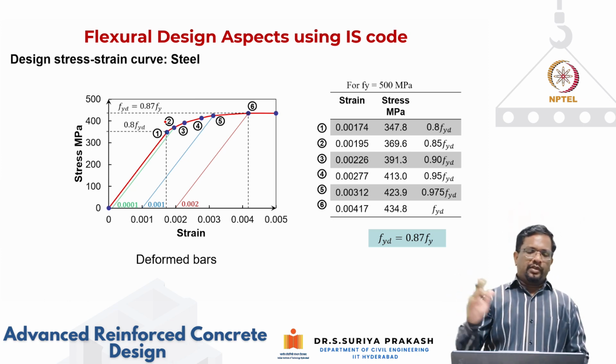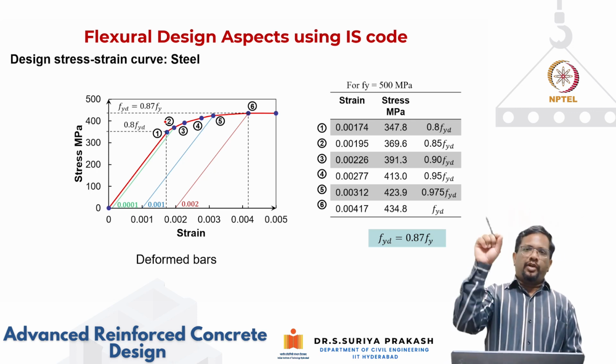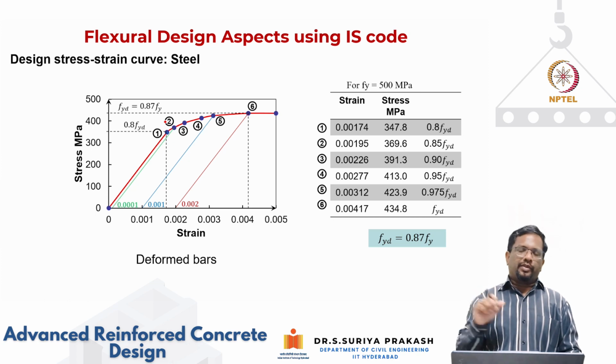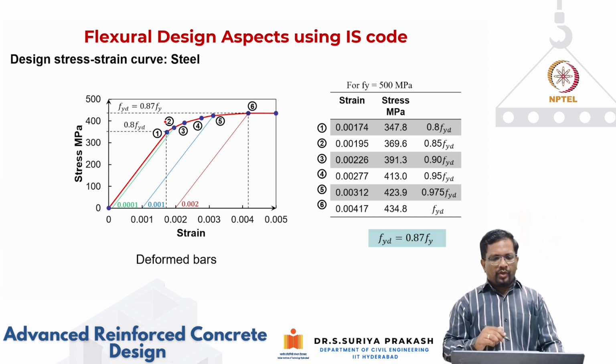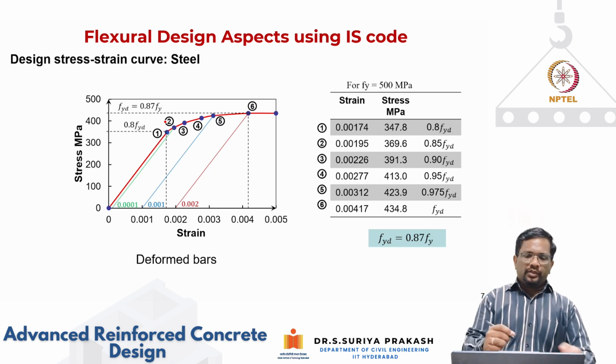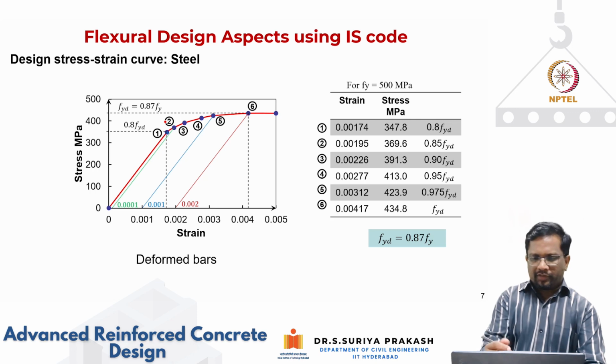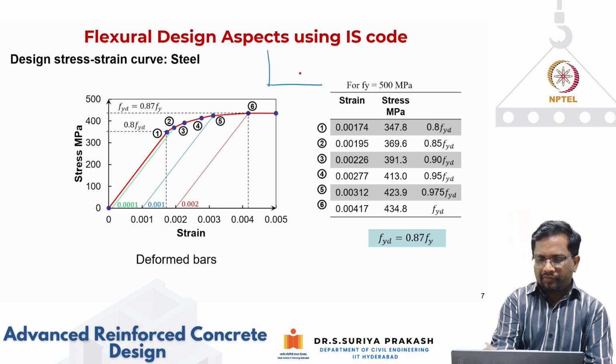Only when the stresses are higher than 0.8 FYD is the partial safety factor applied. Now, when you calculate your capacities, if it's a bilinear curve, you know exactly what it is, right? This is the bilinear curve that we used in the first part. It's pretty straightforward.